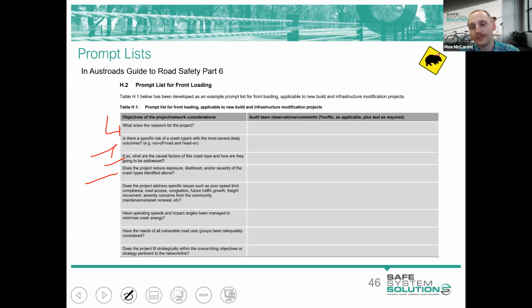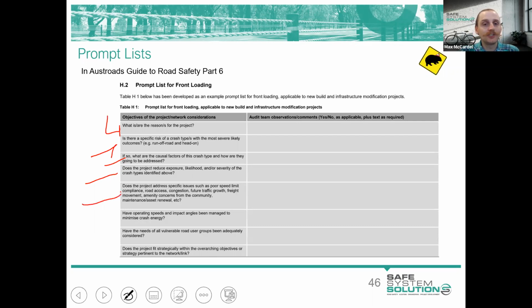So if you know, for instance, it's a local road in a rural area and there's 2 cyclists there a day, versus somewhere in the inner city where cycling is prioritized as a means of transport, where there's hundreds of cyclists per hour, you would probably be risk rating things differently in those different contexts. And this is what this front loading section is all about, defining that context.